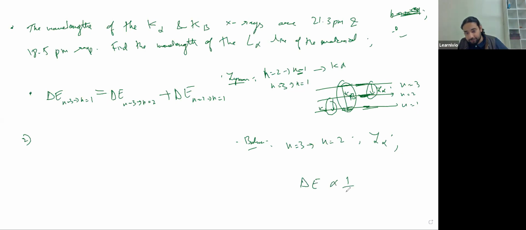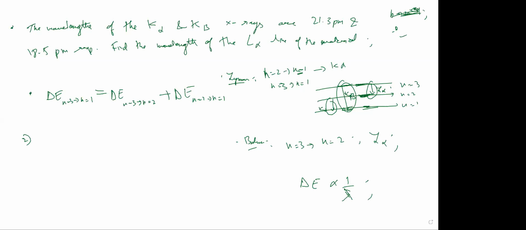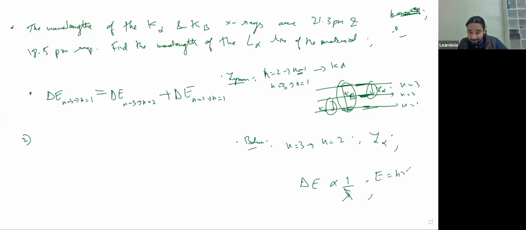Delta E is proportional to 1 by lambda, right? Yes, sir. Why is it proportional to 1 by lambda? Because E is equal to h nu, or hc by lambda, so it's inversely proportional to lambda. h and c are both constants, so let's just replace these by 1 by lambdas.